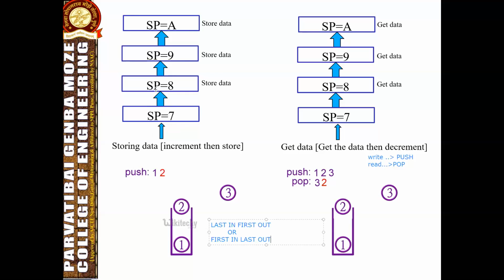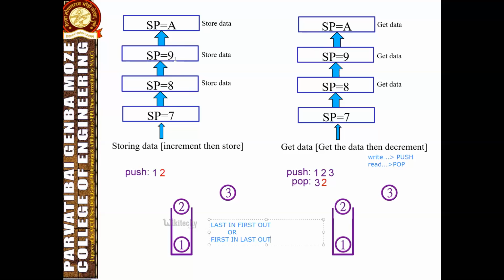I have stored the first instruction here. Then what will happen? Increment and then store. If my stack pointer is here now and I want to store some information, before storing it will increment by 1 and then store the data. Previously it was at location 7. Then I want to store the data, so it will increment by one and become the 8th position, then it stores the data. Again, if I want to write an instruction into the stack memory, first it will increment by one, then store the data.